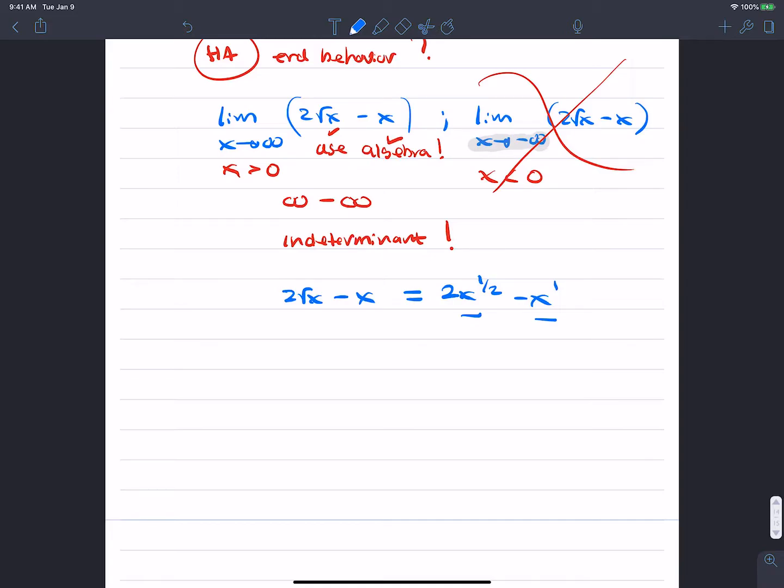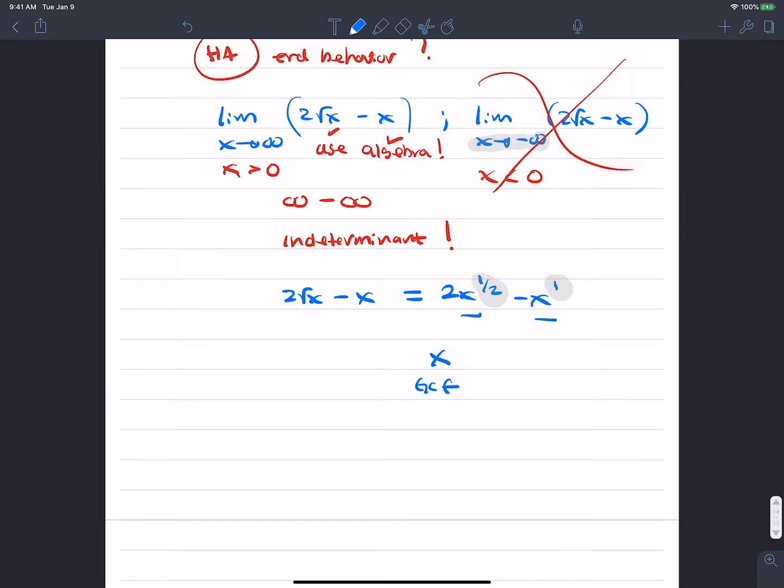Now, if you remember from beginning algebra, it's always x to the what power? Smallest or largest? You're going to factor out x for our greatest common factor. You have to factor out the smallest power.